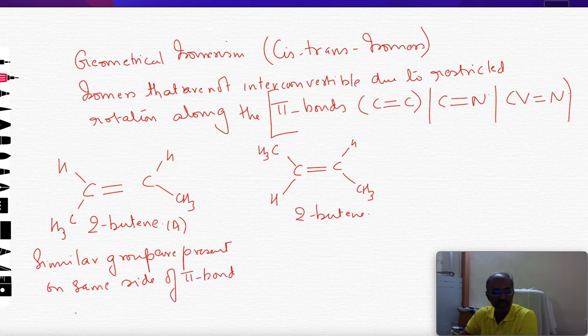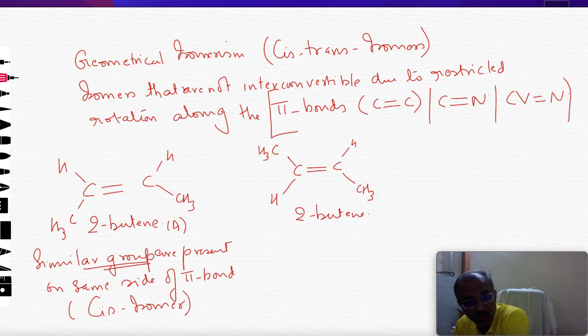Such type of isomers are known as cis isomer. It's a compulsion that similar groups have to be there, and that too not on the same carbon atom, they should be on the adjacent carbon atoms, on the same side of the double bond.